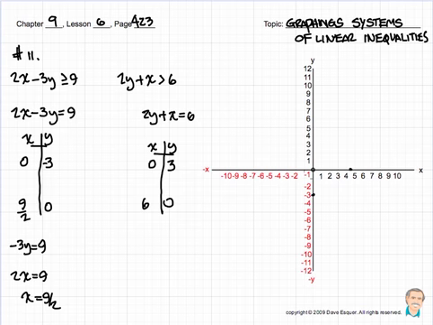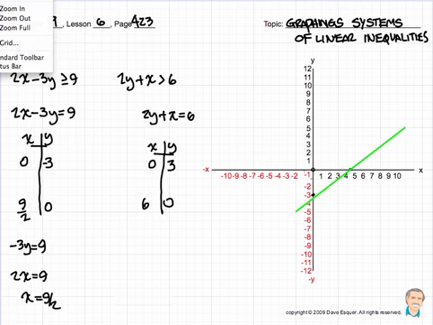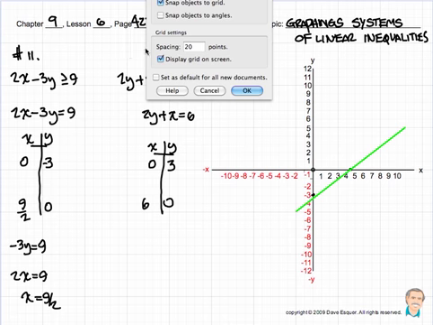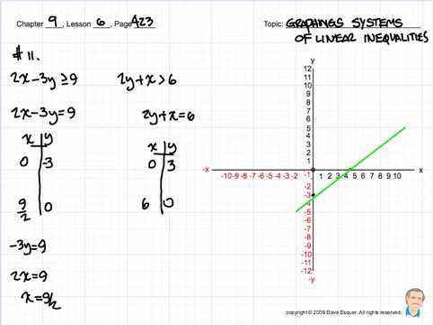Let's see if we can draw our line. Let's use a green line, I guess. Something like that. I'm trying to remember if I could. Oh, I could unsnap the grid, so let's try that again.